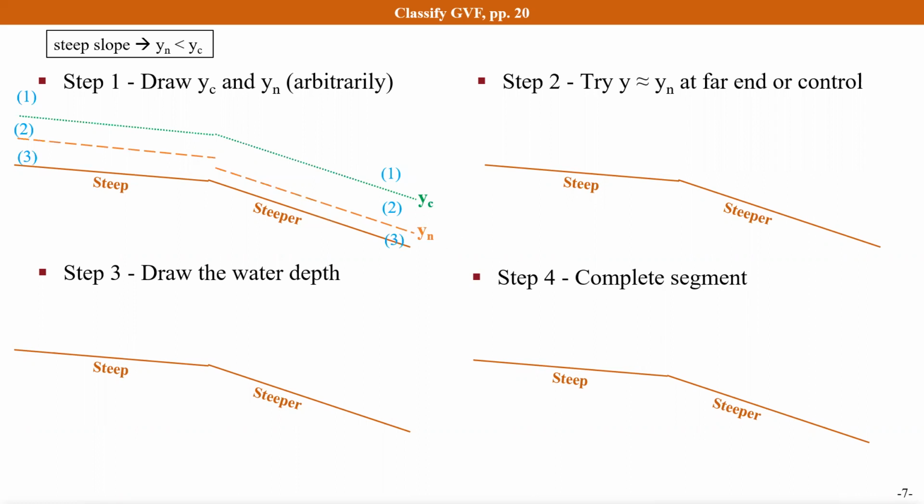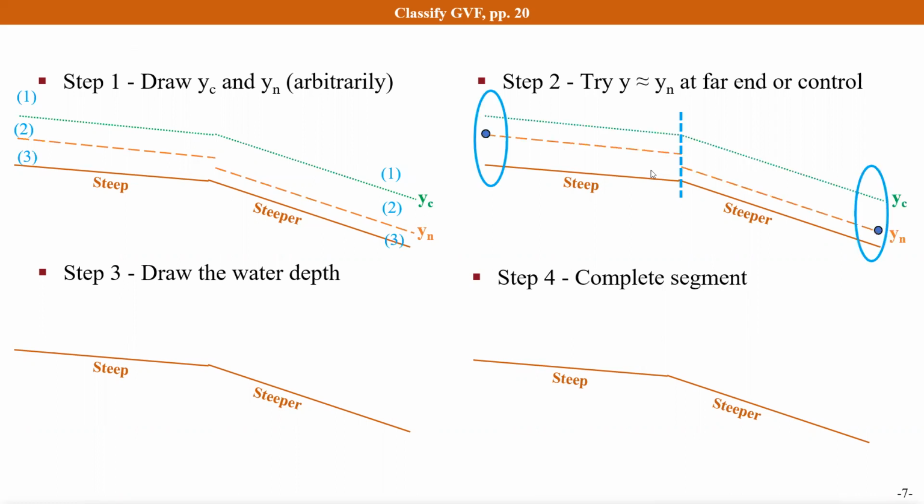The next step is to try the actual water depth close to the normal depth at the far end or control. So we use the blue dot to represent the actual depth at the far end. Then we can draw the water depth.